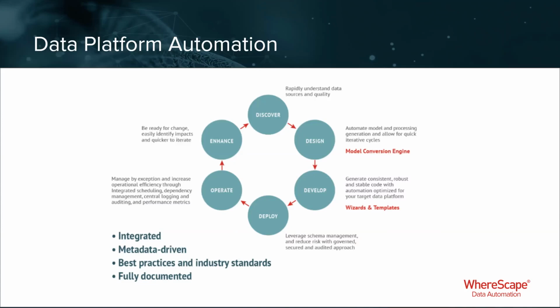Software that provides data platform automation combines the use of metadata, so it's metadata-driven, with common data warehouse methodologies as well as some of the big data methodologies, things like Data Vault, pattern detection, and more, in order to help developers auto-generate data platform designs and coding.